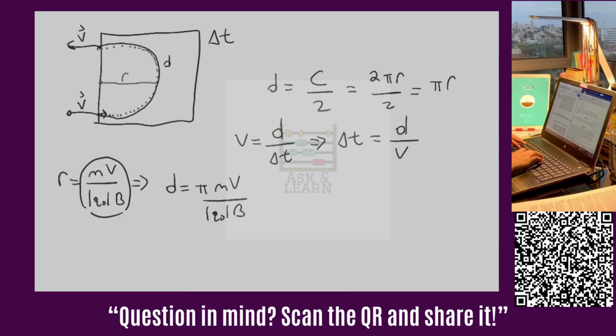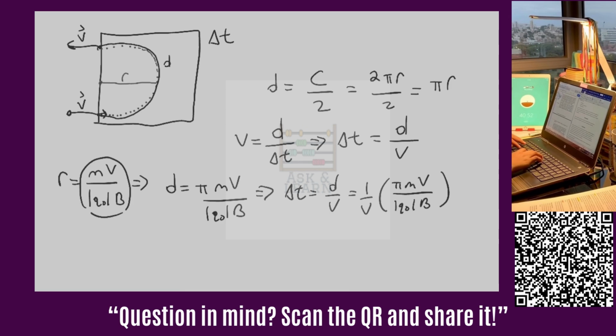Now I just need to plug this into my time difference equation, which is d over v. I'm going to leave my 1 over v here and multiply by d, which is pi mv divided by q naught multiplied by b in the denominator.